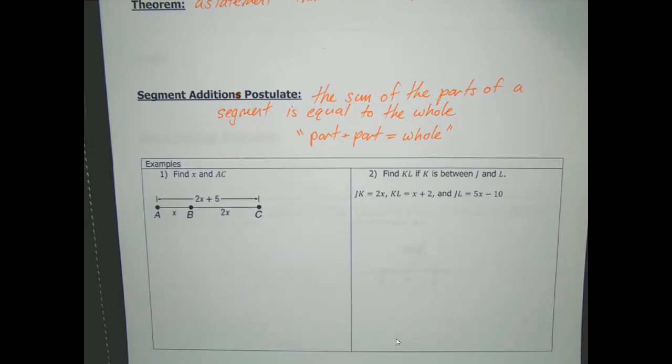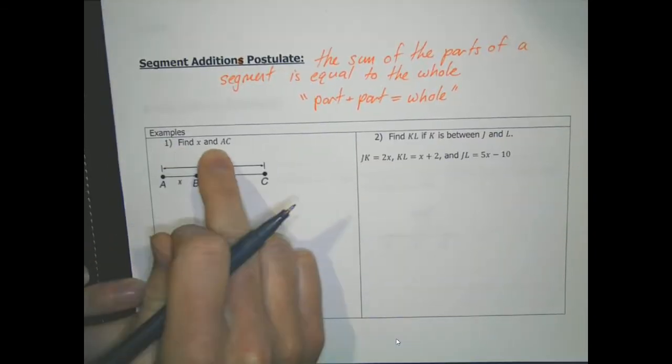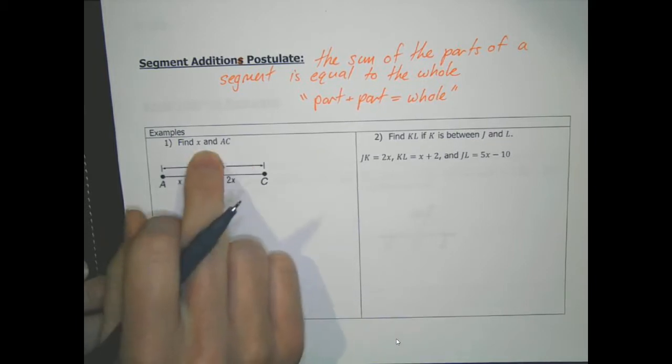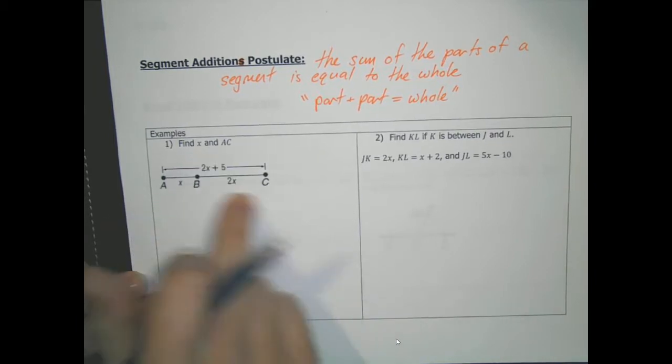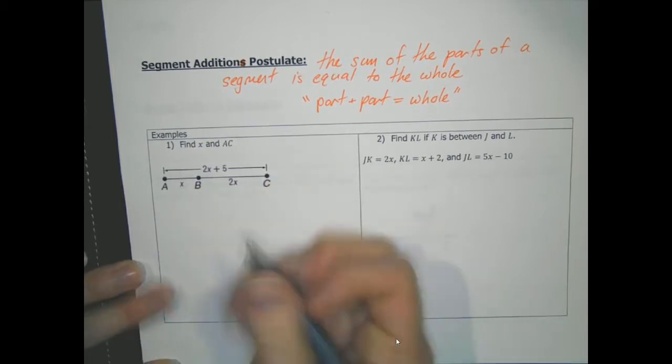Okay? And so the kind of problems that you're going to be doing, and I'm going to remind you, you need to be very mindful of this, is it says right here, find x and the distance from A to C. Okay, so you have to find x first. Okay, so I look at this right here and I see that this segment is in two parts.